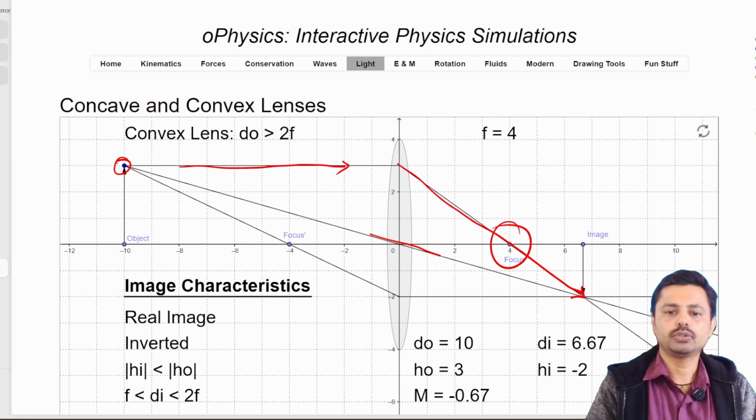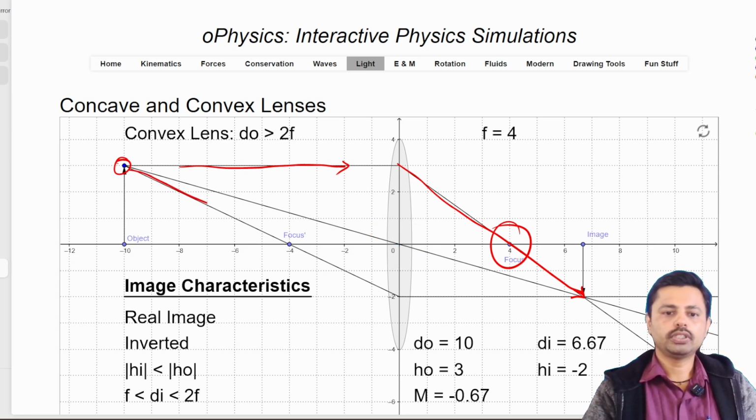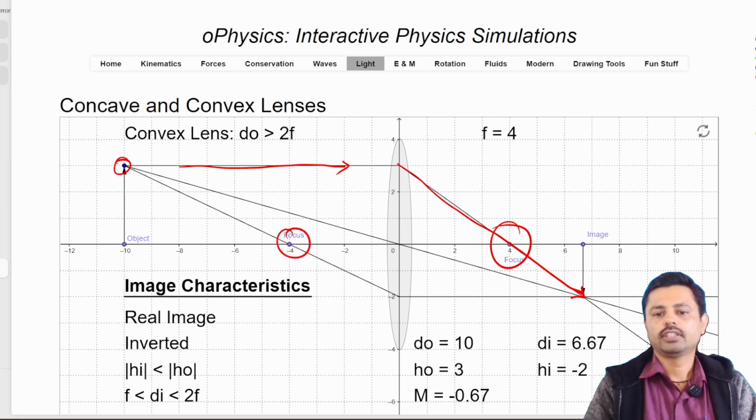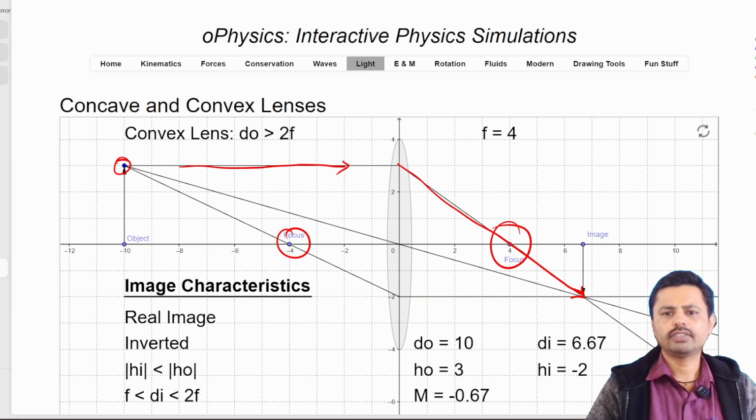You see here there is no change in the angle, a straight line. Now the ray that's passing through the focus before going through the lens, see, it's a straight line, then it becomes parallel. So these things you need to keep in mind, and it's very easy.